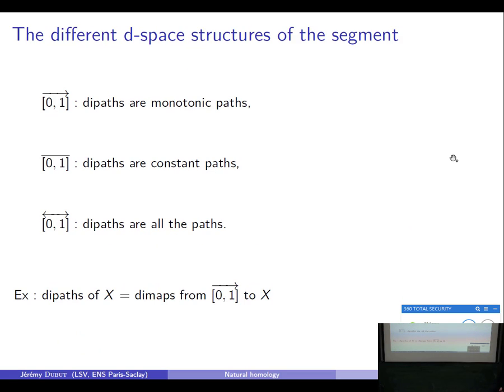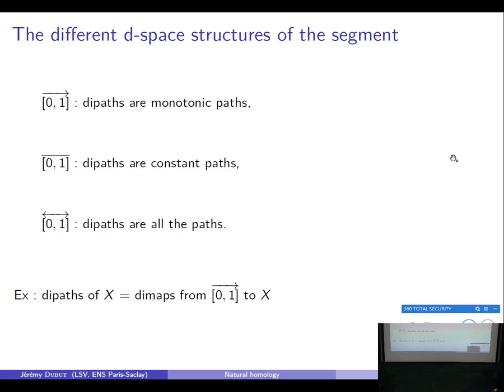The axioms of a D-space are very simple, which permits adding some directed structure on a topological space quite easily. For example, there are at least three interesting structures on the segment. The first one, that I will call the directed segment, is a structure where the dipaths are all the monotonic paths. But there are also two other structures that are actually more general for any topological space.